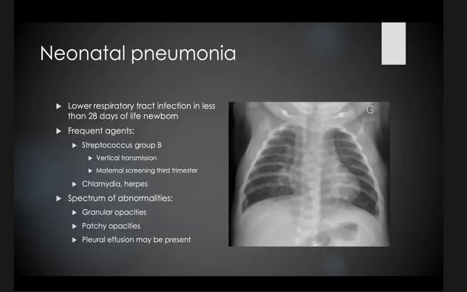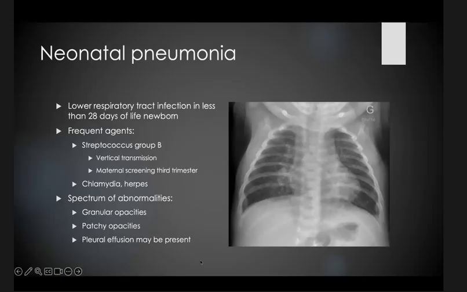So neonatal pneumonia is basically a lower respiratory tract infection in a newborn less than 28 days of life. The frequent agents are Streptococcus group B, which is a vertical transmission, and that's why pregnant women get screened in the third trimester to make sure that if they are carriers of that Streptococcus, they can be treated before delivery.